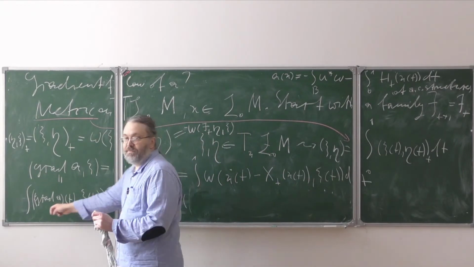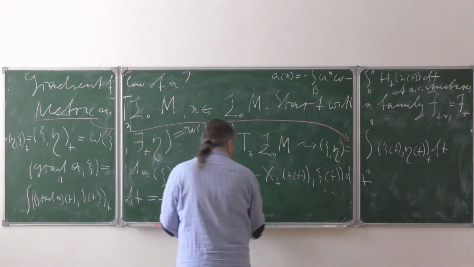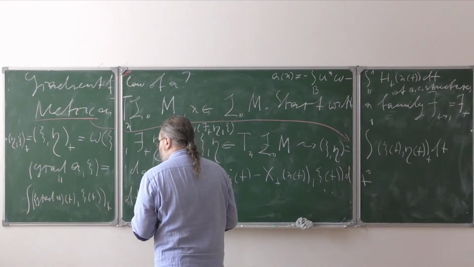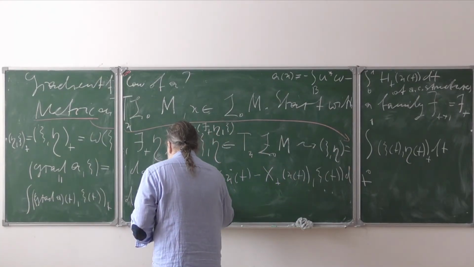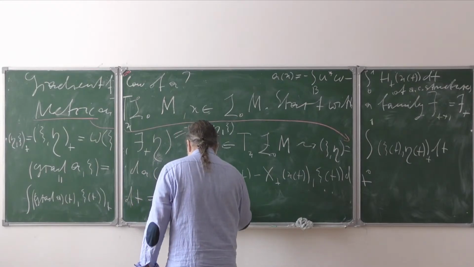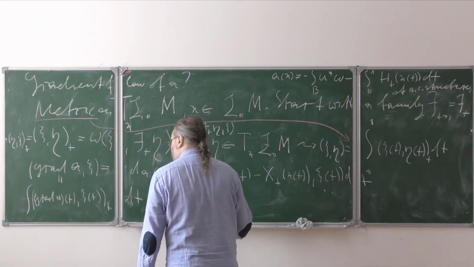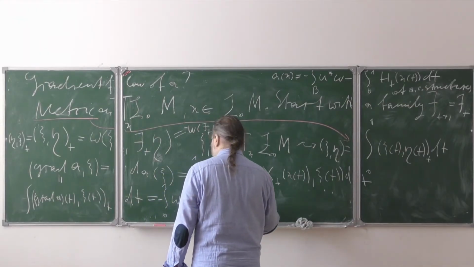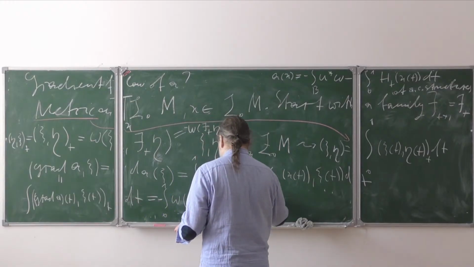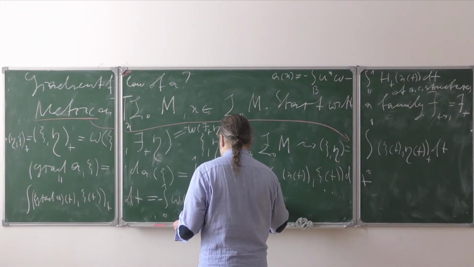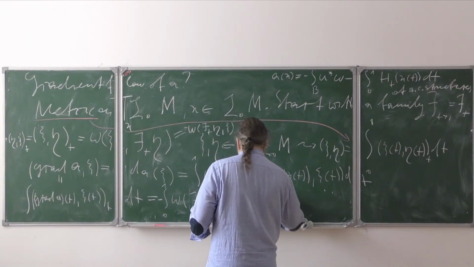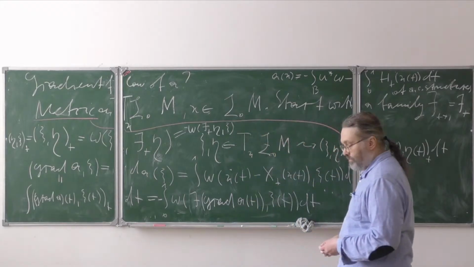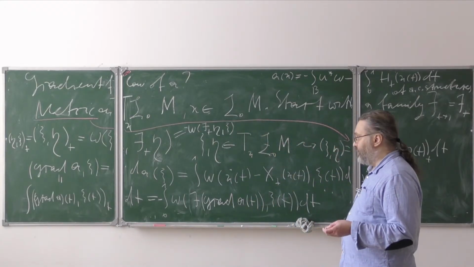So here I have the gradient. Let me write the gradient again. The gradient of A taken at the point t, comma, psi of t dt.